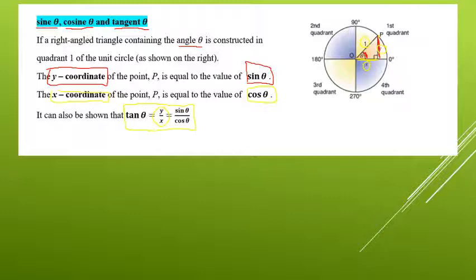What tangent means, we'll see in the next slide, what the actual tangent of an angle is measuring. The thing I'd like you to remember from this is that all three of these are measures of length.